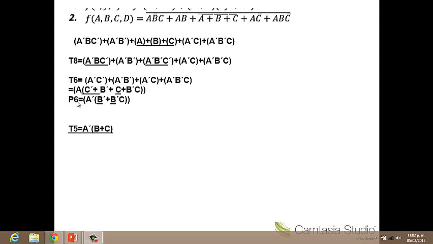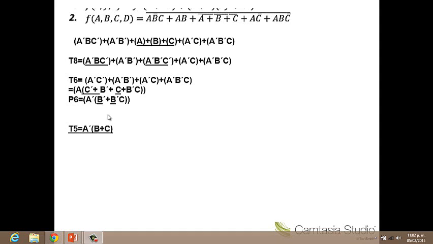Then we use postulate 6 with c and c, and then we have letter a negative and b negative and b negative and c.